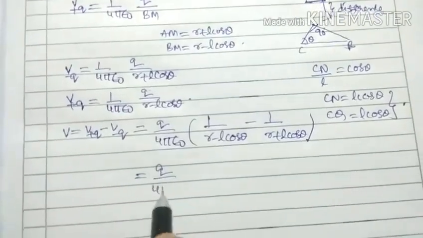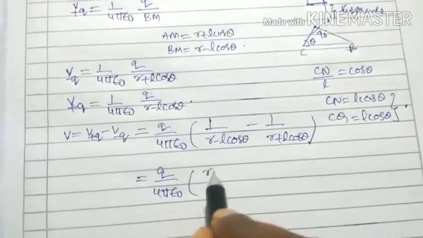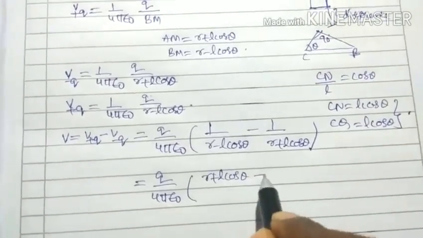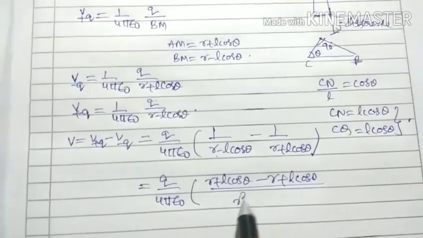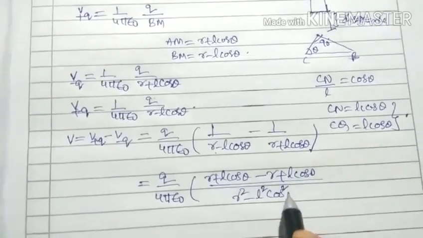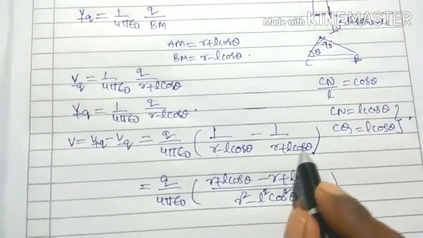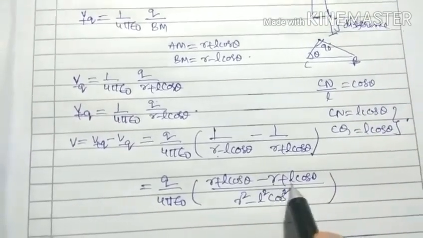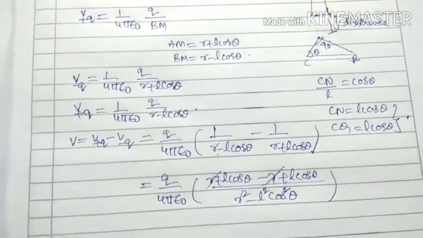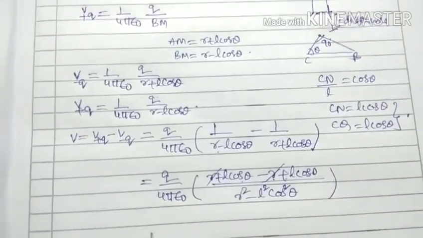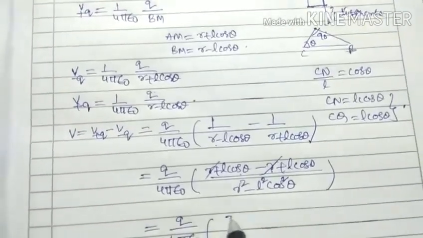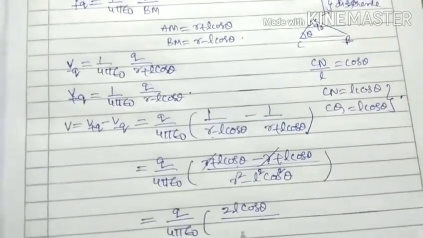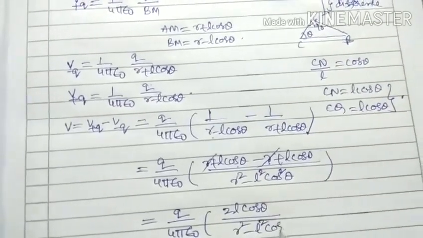Q by 4 pi epsilon naught into R plus L cos theta minus R plus L cos theta, by A plus B into A minus B, that is R square minus L square cos square theta. Here minus R plus R cancel out. L cos theta plus L cos theta is equal to 2L cos theta. It is Q by 4 pi epsilon naught, 2L cos theta by R square minus L square cos square theta.